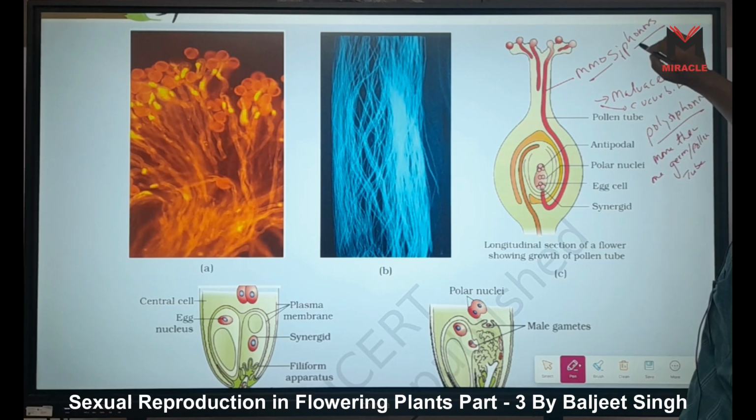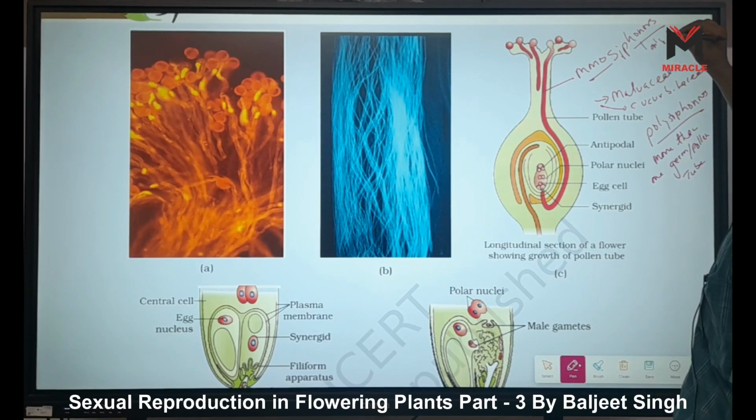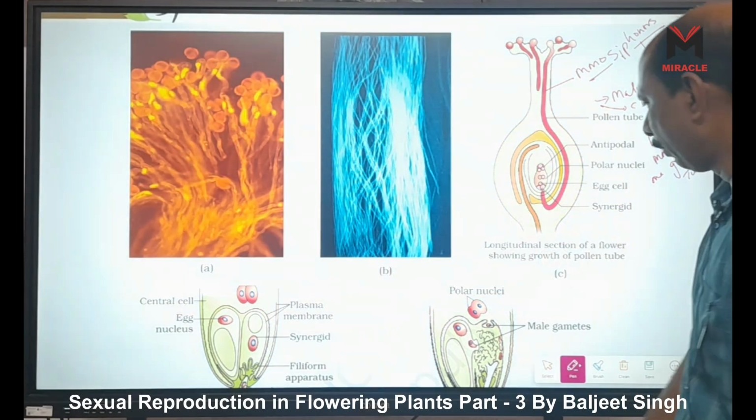And monosiphonous means only one pollen tube. Do you understand this?